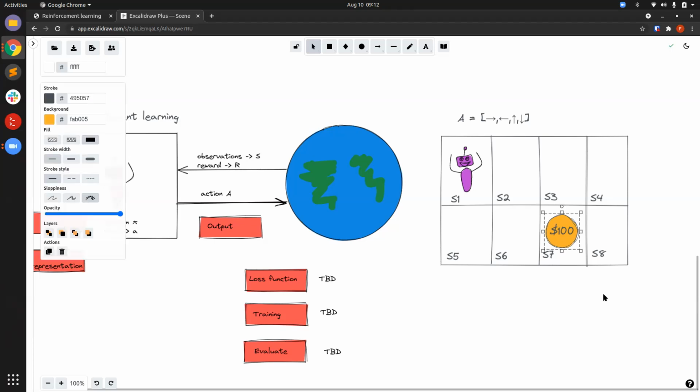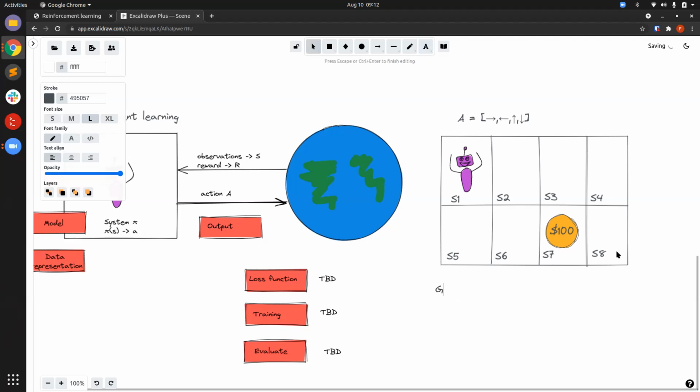And there's a $100 reward for reaching this point. Okay, what is our overall goal? Is to maximize the reward. Okay, and we're going to say the reward is 0 for staying in place, -1 for moving, and 100 for reaching state S7.